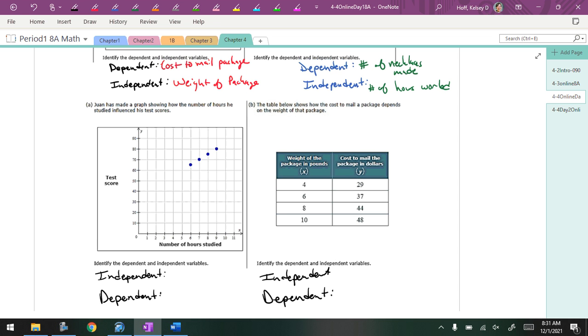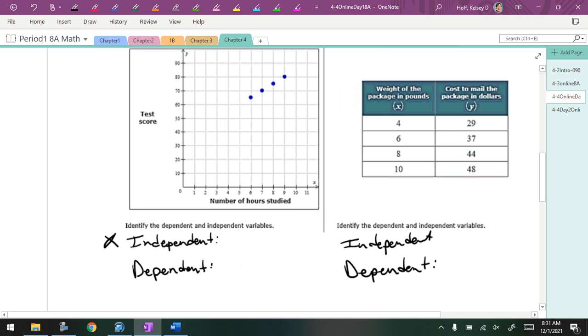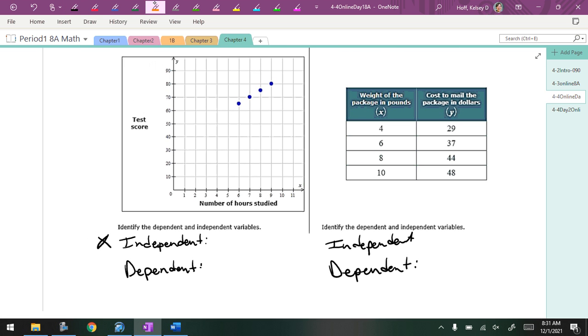Okay. We said independent variable is our input, or in other words, our X values. Miss Hoff wrote these opposite of the last ones to make sure you're paying attention. Independent is X. In this graph, somebody raise your hand and tell me which one of those is your independent. Bryce?